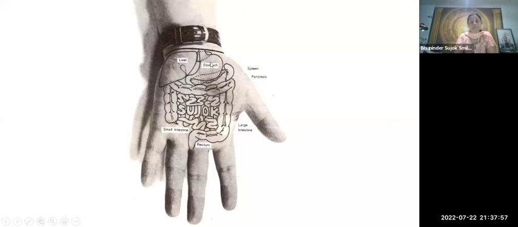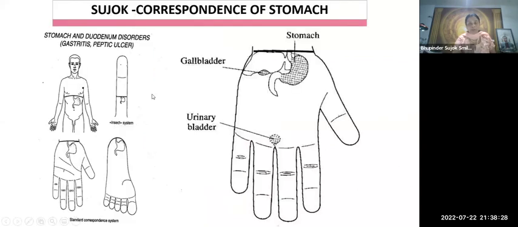The hand is similar to the human body and the stomach location is the same as you see in the body. Because of this similarity, this area is more active to receive stomach treatment. So we have to be very clear because we have a lot of knowledge of many other stomach points. Why is the stomach more active? Because it is based on the similarity principle. So this is the area where we have to work.